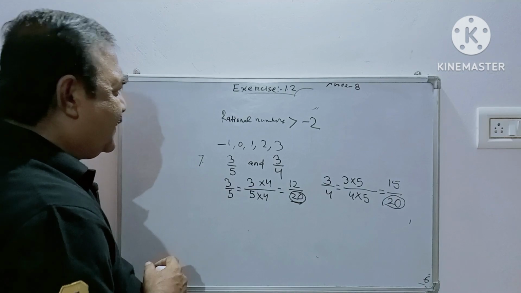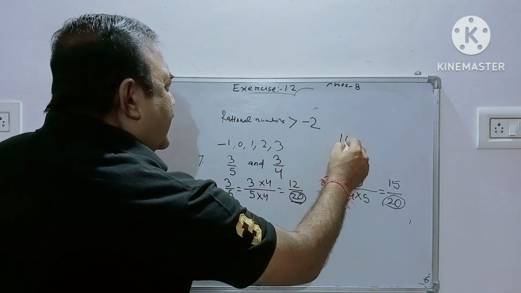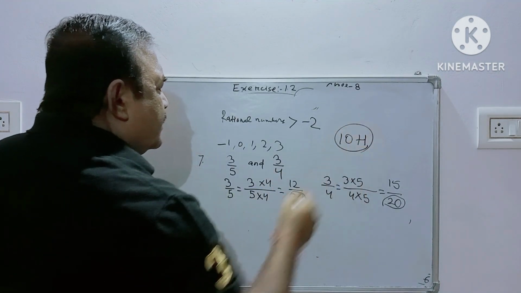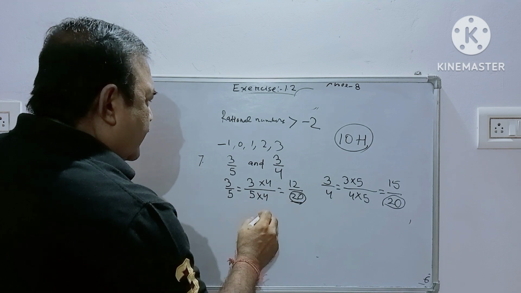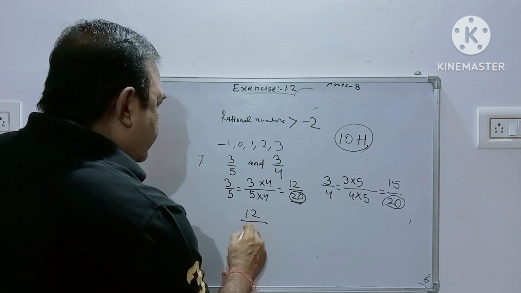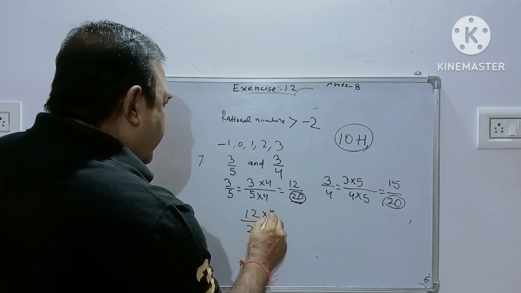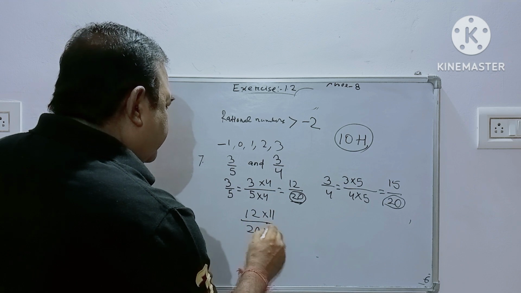Now we have to move. So you have to multiply by 10 plus 1. Already I have told you, at least add a 1, then you multiply. So 12/20 into 11 over 11.